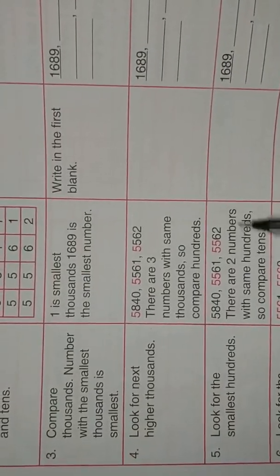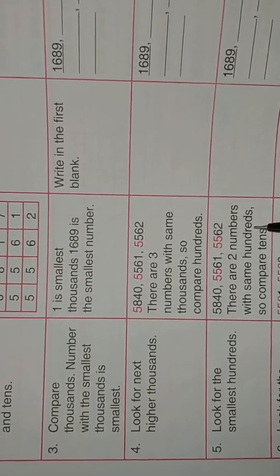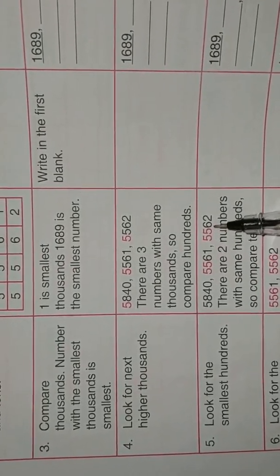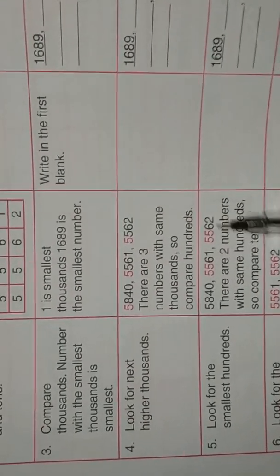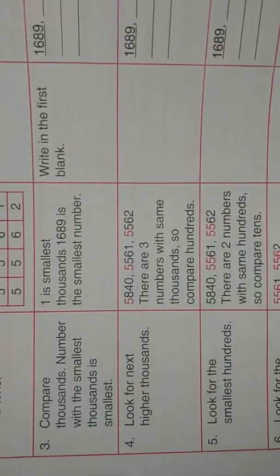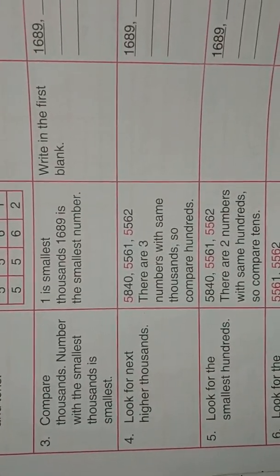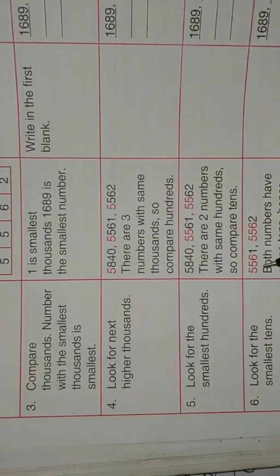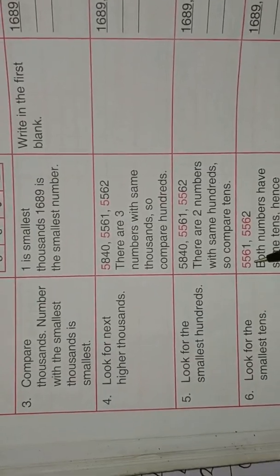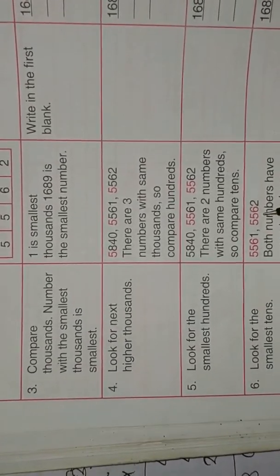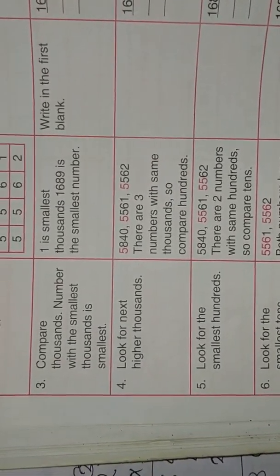There are 2 numbers with the same hundreds digit, 5561 and 5562. Both are the same, so we have to compare the tens. Both numbers have the same tens digit. Again both the numbers are same.